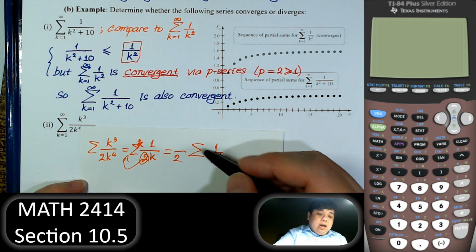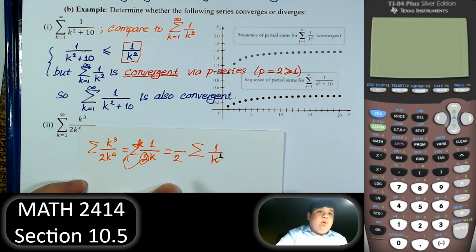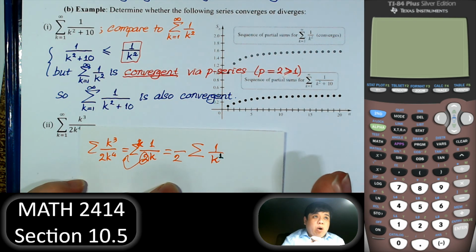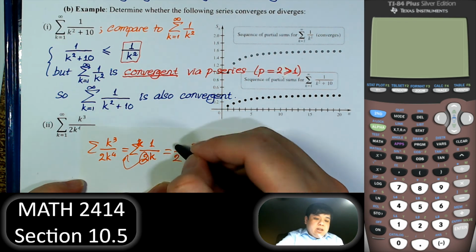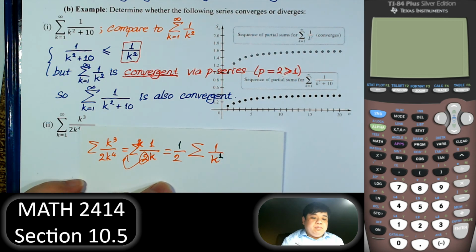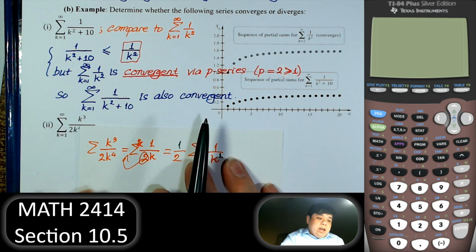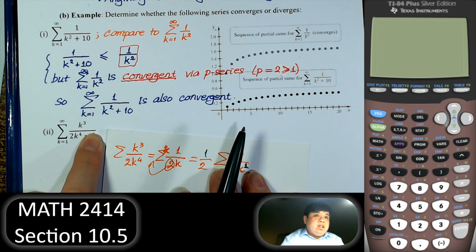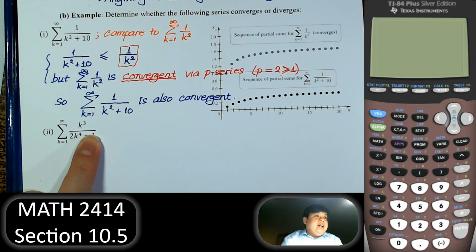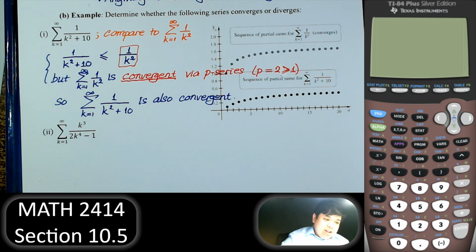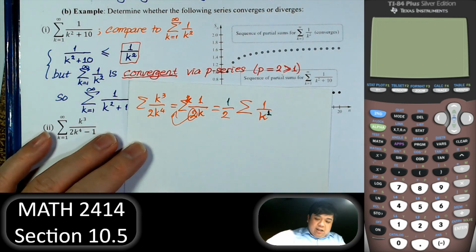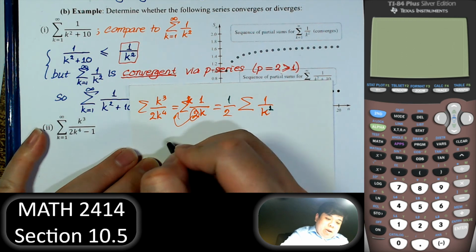And also when P equal to 1, this is called the harmonic series. Harmonic series is divergent. Right. So if we take out the 1, we have a divergent series. Does that work? Right. And then let's just compare.